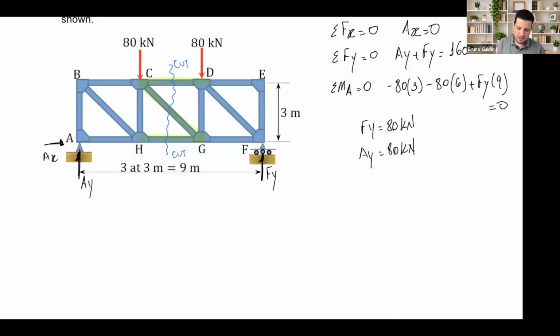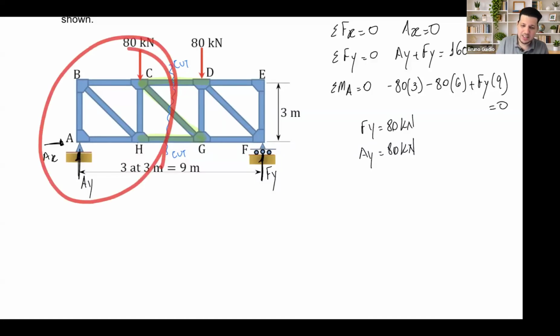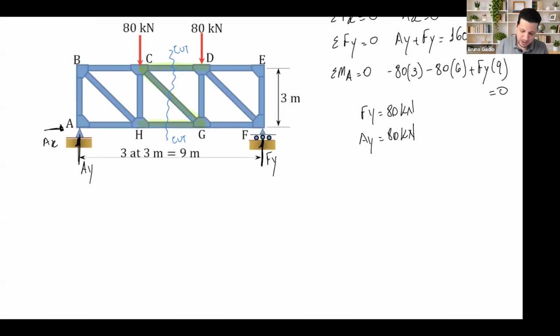For sections, what I do is make the cut and select one of the sides. Let me select the left-hand side. Let me draw the free body diagram here so we can visualize. This is B, this is C, this is A, this is H. Now let's draw the external forces.